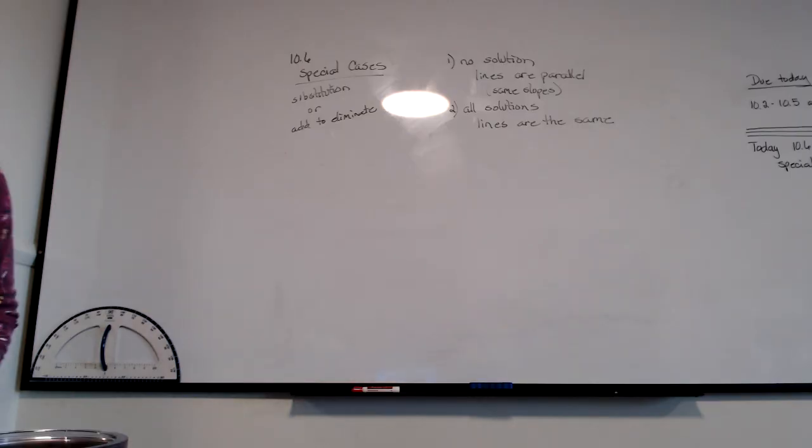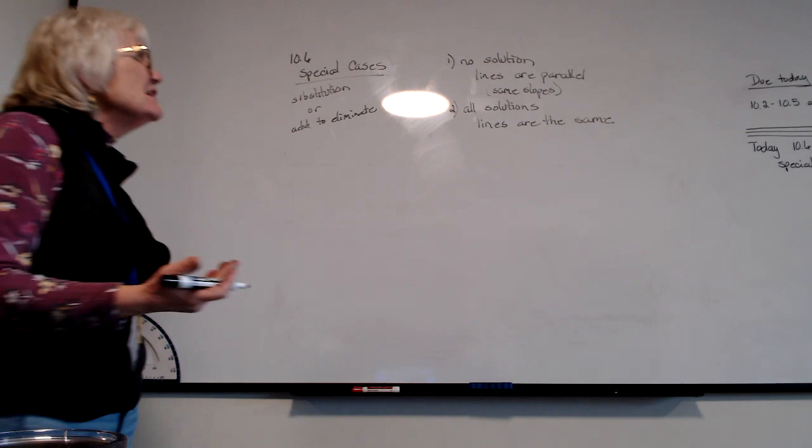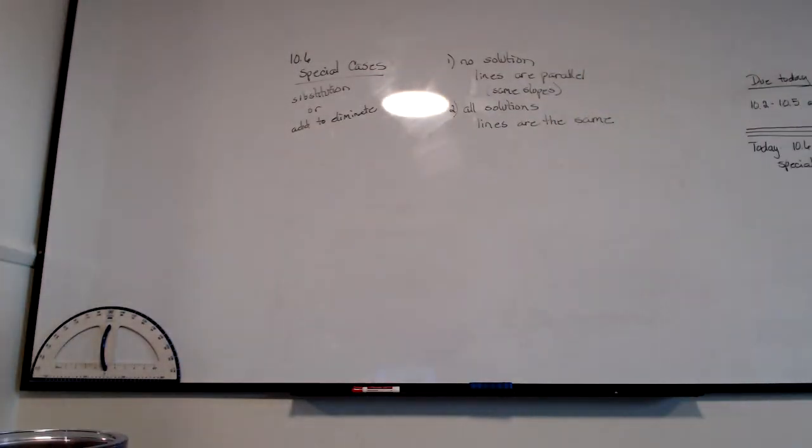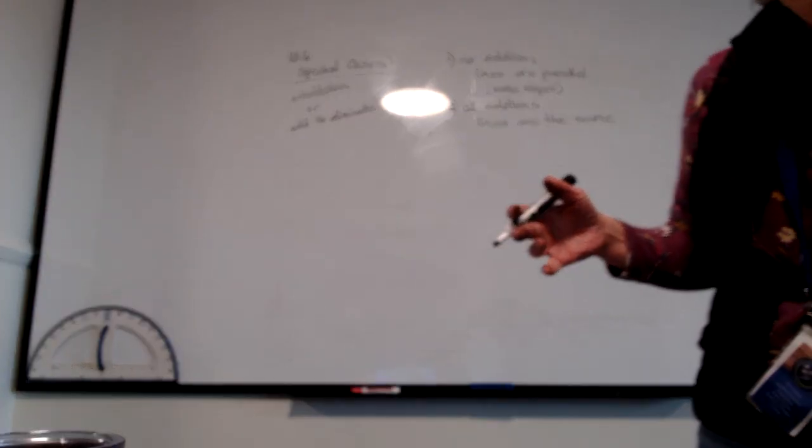When you're solving by graphing, these are easy to see. If the lines are parallel, you know there's no solution. If the lines are on top of each other, you know it's all solutions. So graphing shows these very well. But sometimes in substitution, that's not always the case.